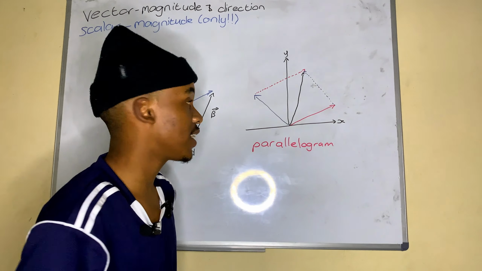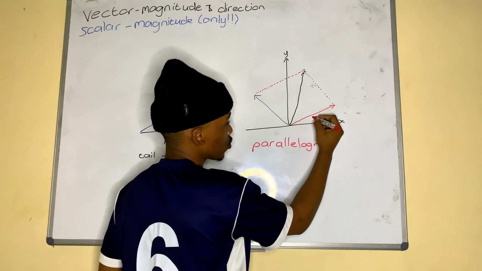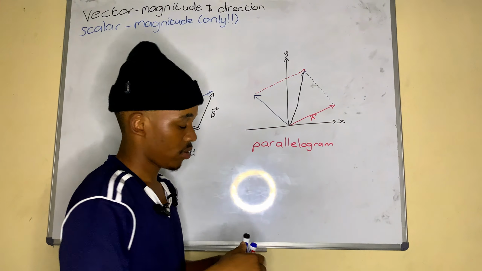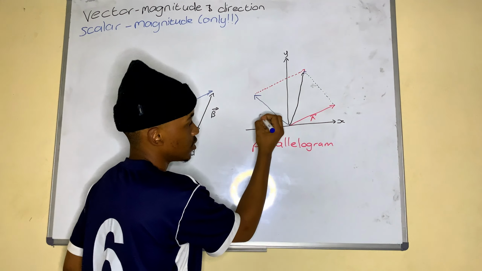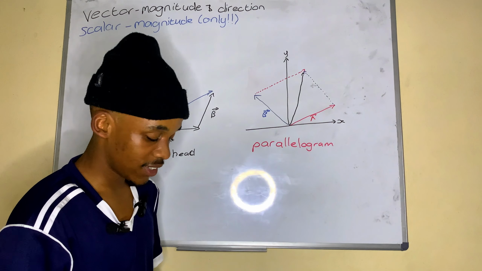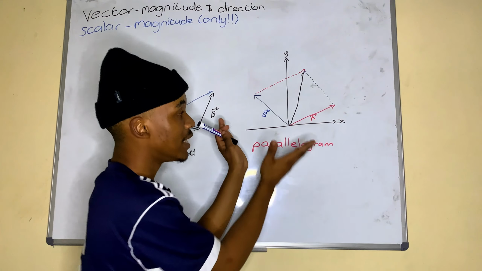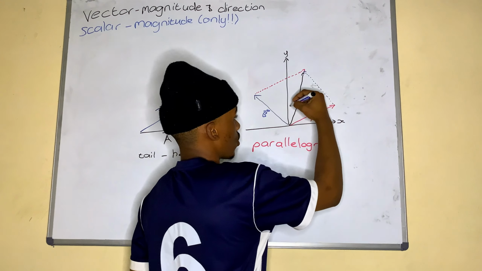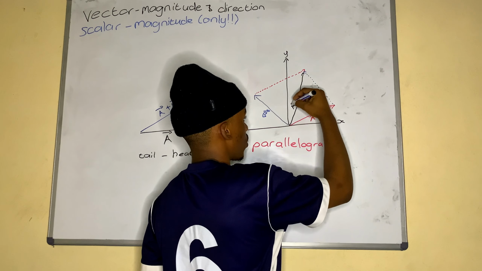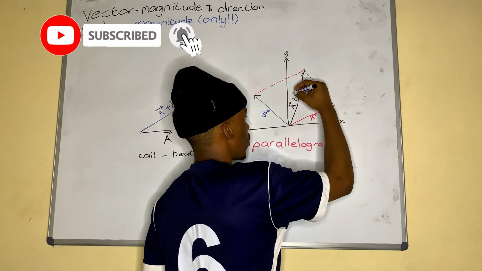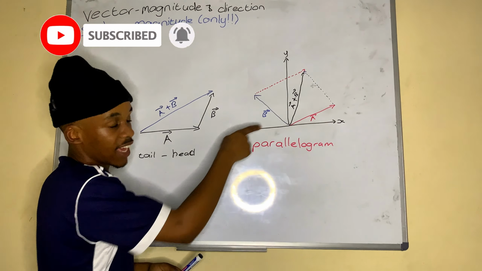So if we name these vectors, naming this one as vector A, this one is vector B, our resultant vector, which is a combination of A and B, would be that vector.